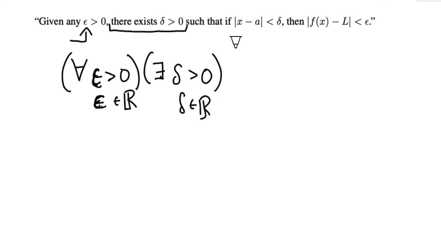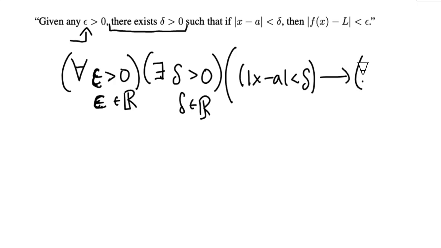So we put a big parenthesis, then absolute value of x minus a less than delta, then a conditional, then absolute value of f of x minus L is less than epsilon. There we go, we've rewritten this statement using the for all symbol and the exists.